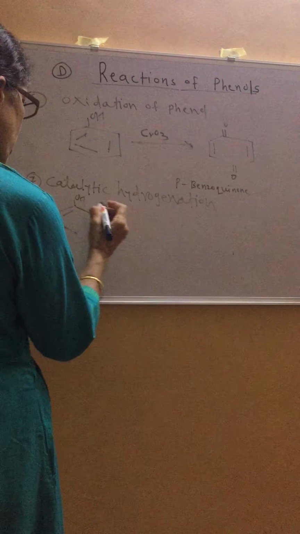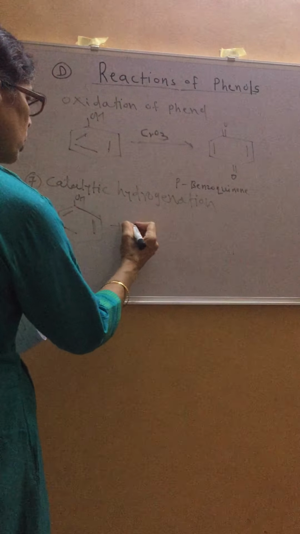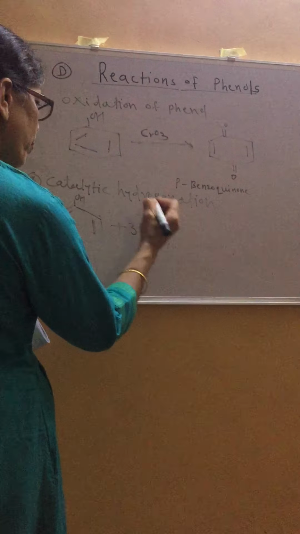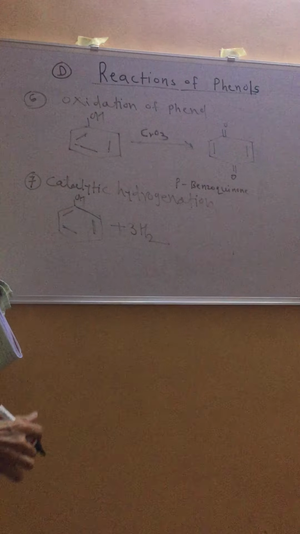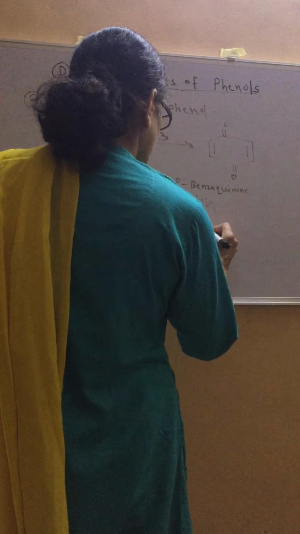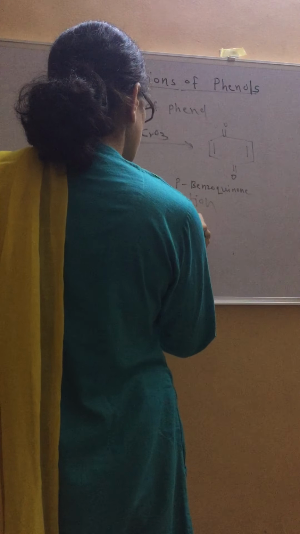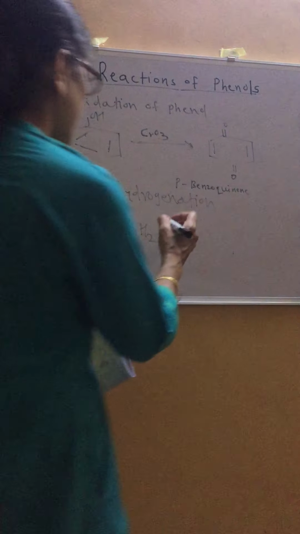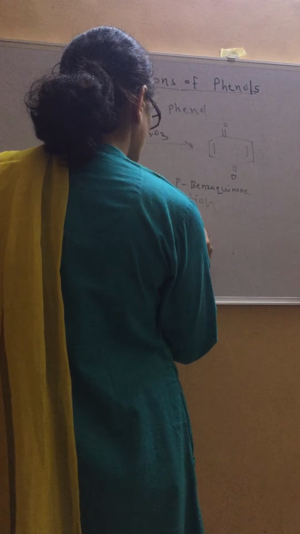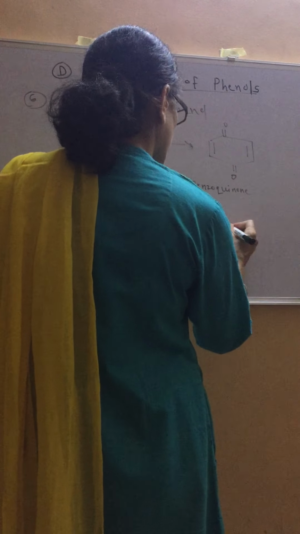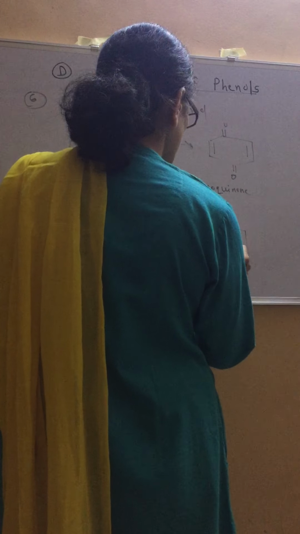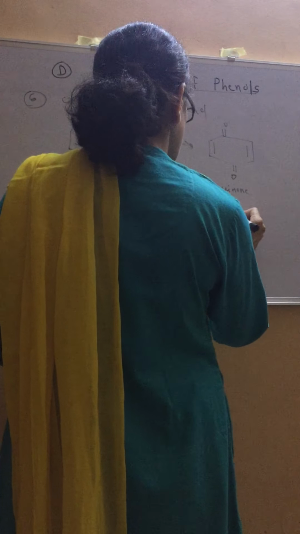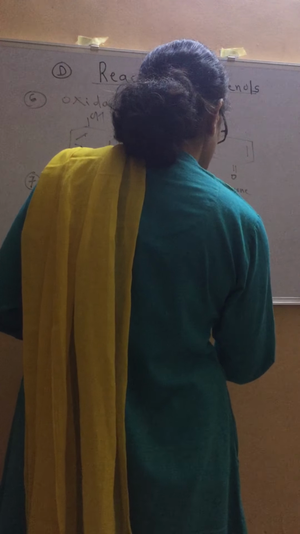So hydrogenation, addition of hydrogen. 3 hydrogen molecules will be added across 3 double bonds, isn't it? In presence of course, you know, nickel as a catalyst, and you have to heat, and double bonds are converted into single bonds, and we will get cyclohexanol.